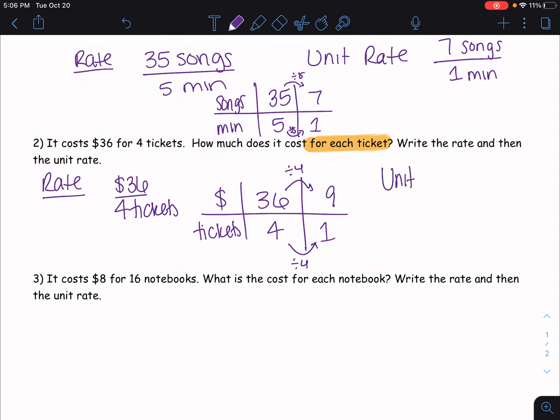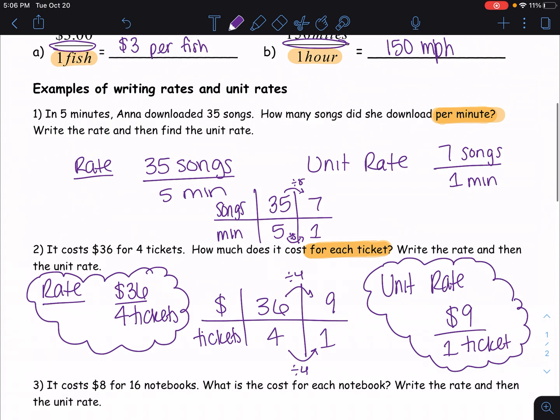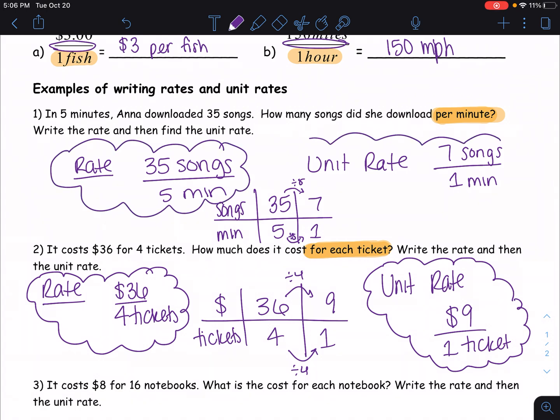So for my unit rate, it's $9 for 1 ticket. Okay, so this is the rate. And we're trying to get a 1 on the bottom for our unit rate, and I'm using the ratio tables to accomplish that.